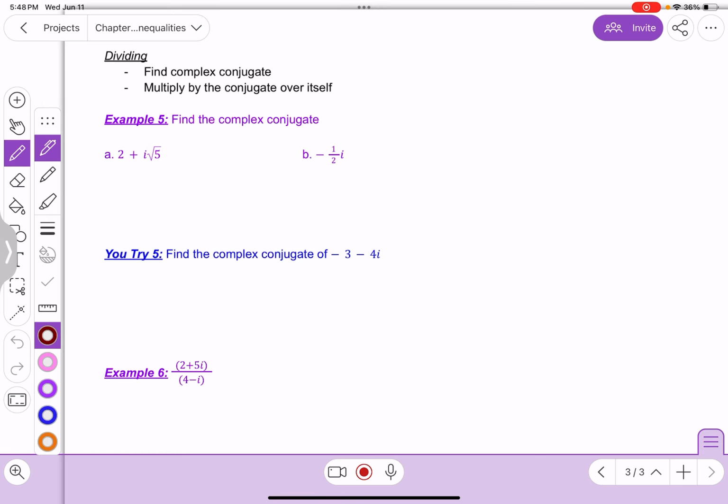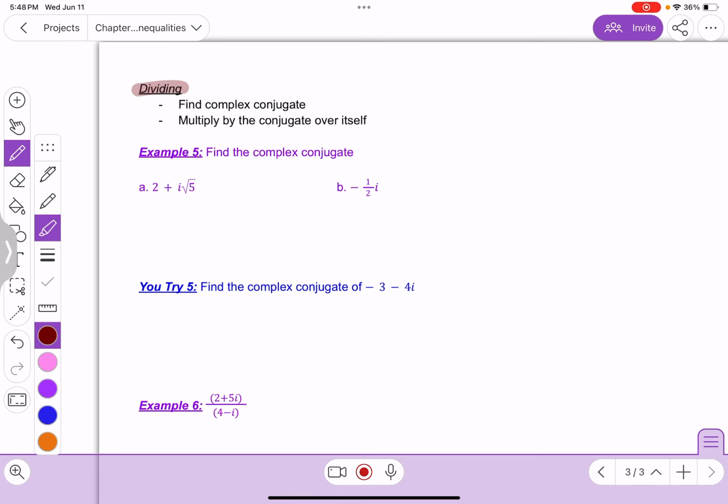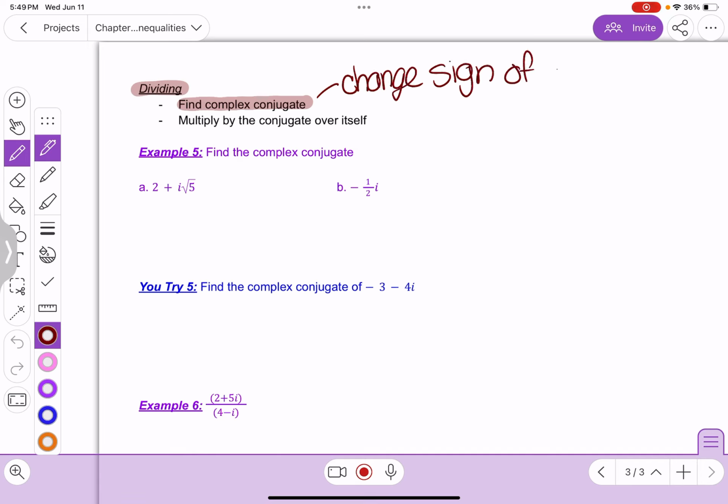Your other complex operation is dividing. So before we can do anything, we find the complex conjugate. So if you remember, your conjugate is where you change the sign of the second part. So for your complex conjugate, you only change the sign of the imaginary part.